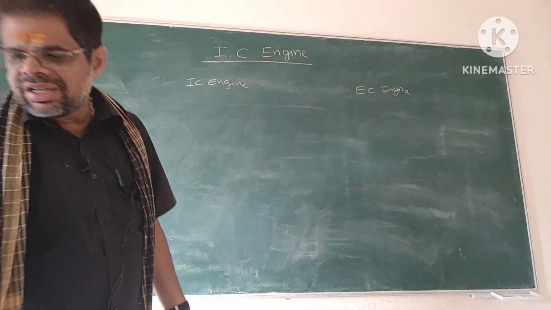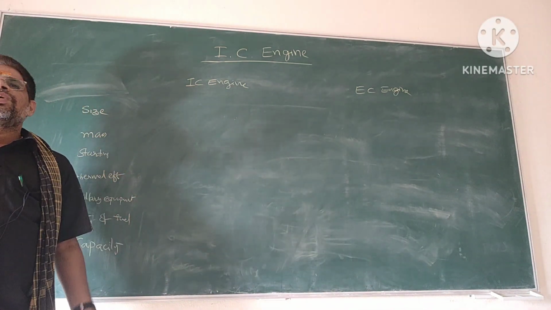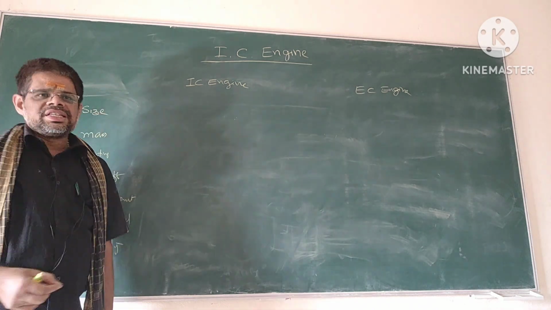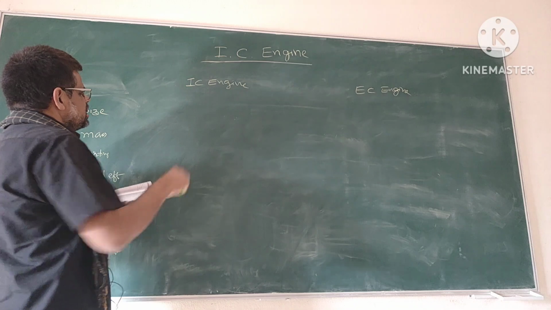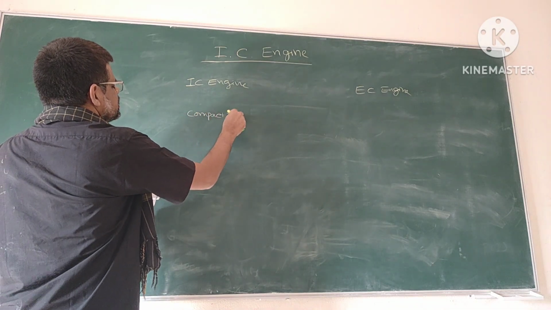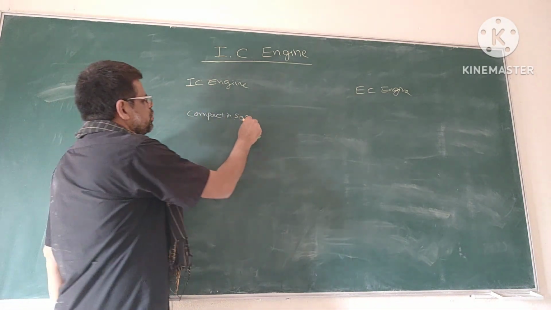Okay, so first of all, if you see, the IC engines are more compact or small in size than that of EC engines. They are smaller in size, so that's why they occupy less space.